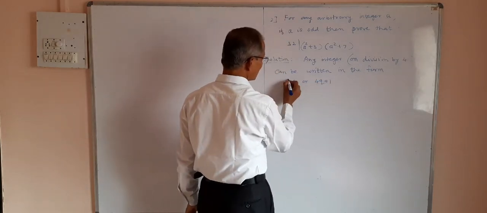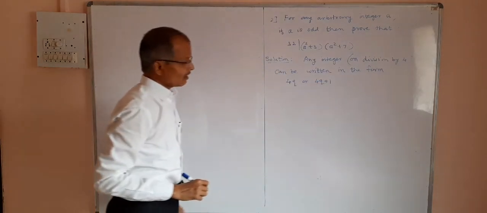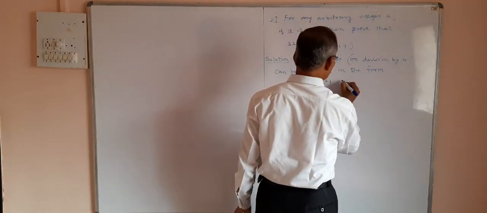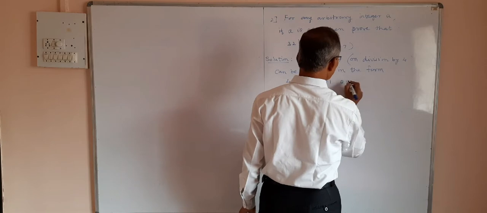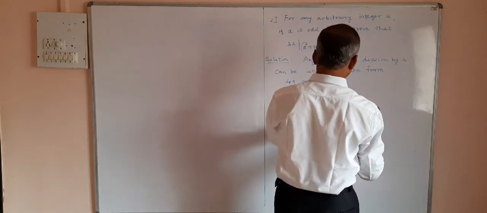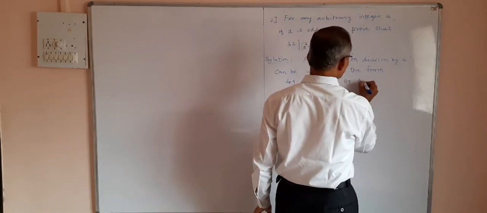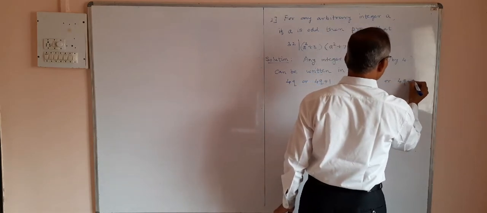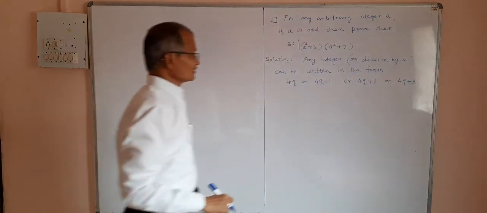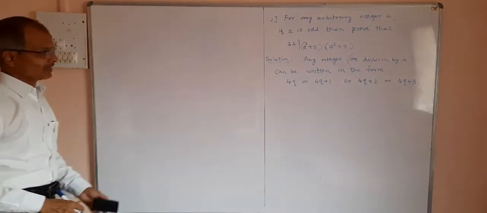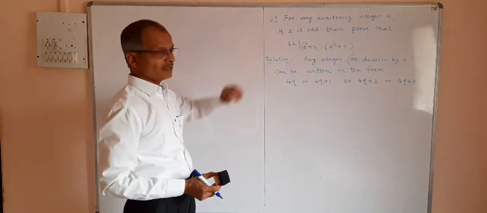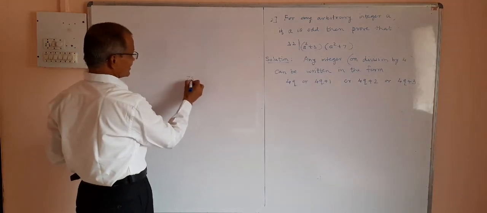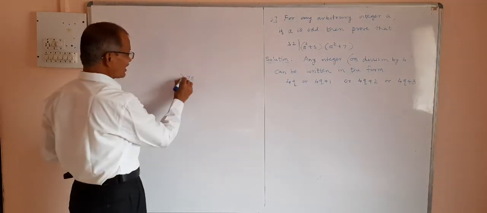If the remainder is 0, then it is 4q; if the remainder is 1, then it is 4q plus 1; if the remainder is 2, then it is 4q plus 2; or if the remainder is 3, then it is 4q plus 3. So this is the case. You can verify this. Consider any integer, say 78, and divide it by 4.